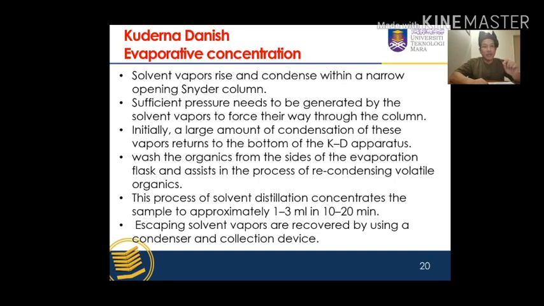This returning condensate continually washes the organics in the evaporation flask and assists in recondensing the volatile organics. So the process concentrates the sample to approximately 1 to 3 ml in 10 to 20 minutes. Escaping solvent vapors are recovered by using a condenser and collection device.